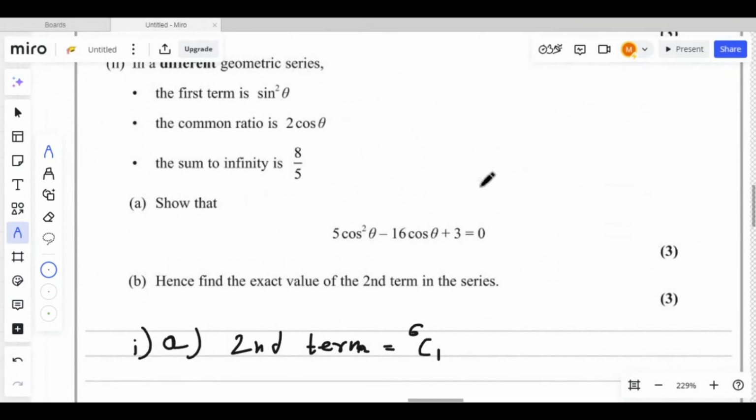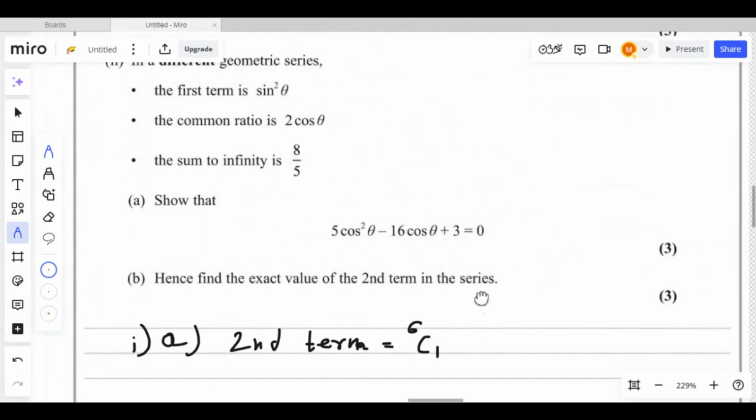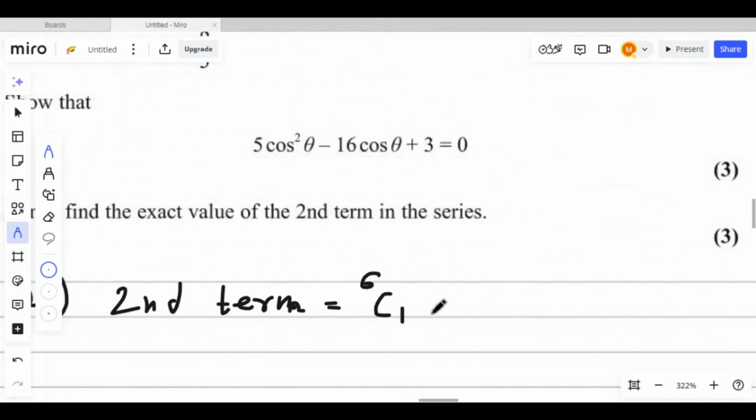Okay. So for the first term, it's 6 choose 0. Sorry, for the second term, it will be 6 choose 1, then times.